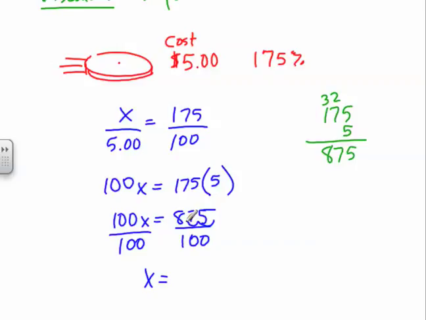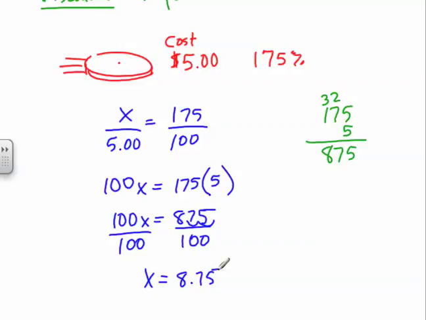I'm making this thing smaller by 2 powers of 10, or 10 to the second power, and I'm going to get $8.75. Now, that's what I would charge. So that means that I'm going to make $3.75 off of every flying disc, and hopefully, you know, I can buy some new clothes and maybe a new tie, and look a little snazzier than I do right now.